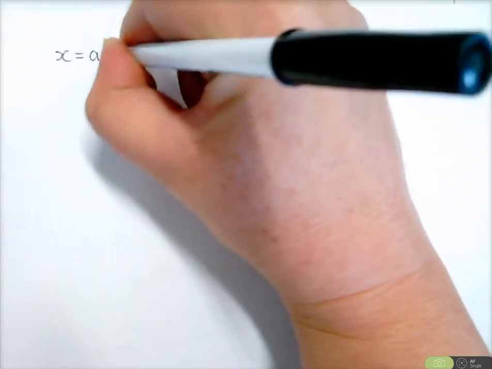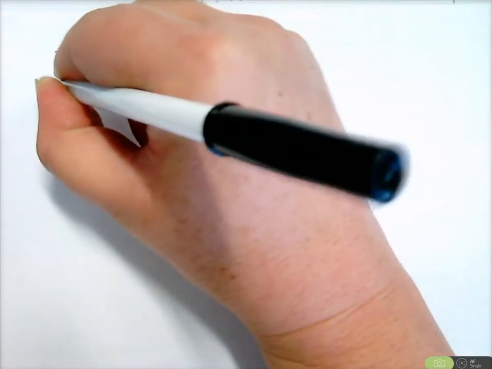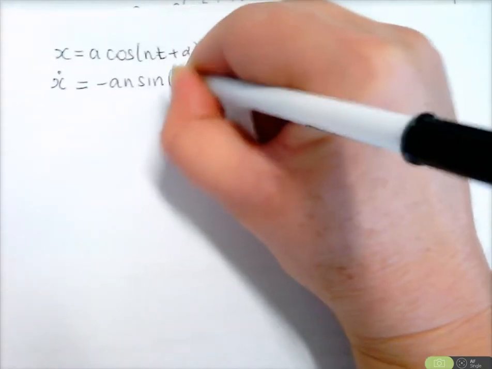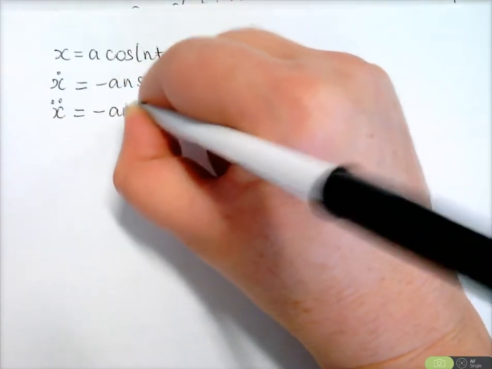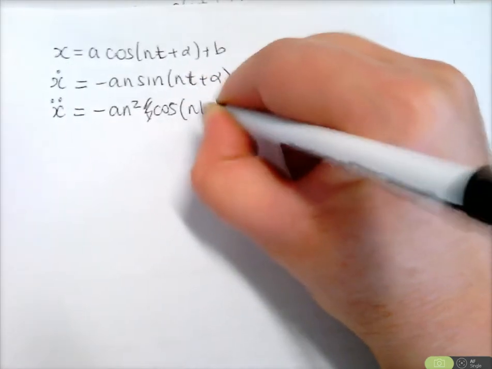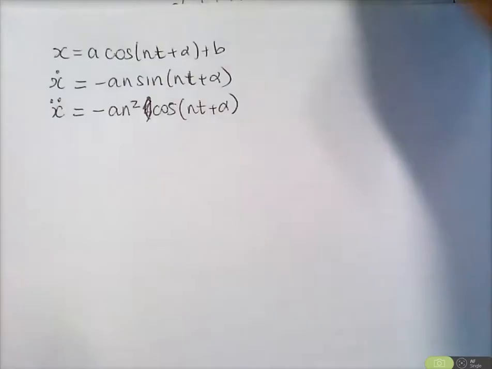So when you've got your equations, x equals a cos(nt + alpha) + b. We worked out before that the velocity was negative an sin(nt + alpha). We also worked out that acceleration was negative an squared cos(nt + alpha).